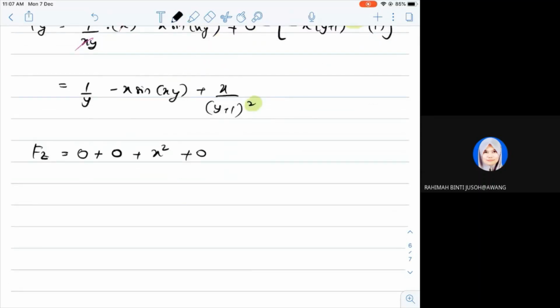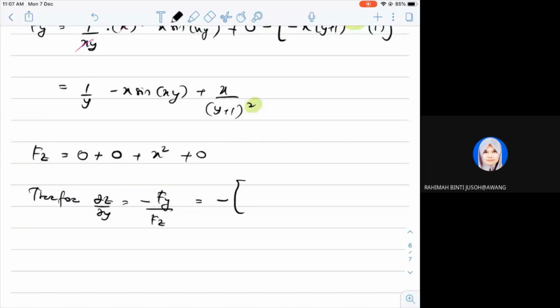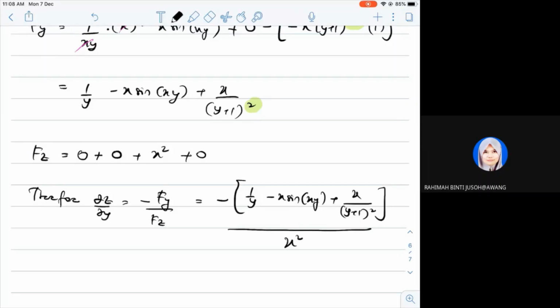So it's very simple. Therefore, del z over del y equals to negative fy over fz. So we will have negative fy mana tadi? Tu. So negative 1 over y minus x sine xy plus x over (y plus 1) squared, over x squared, like that.